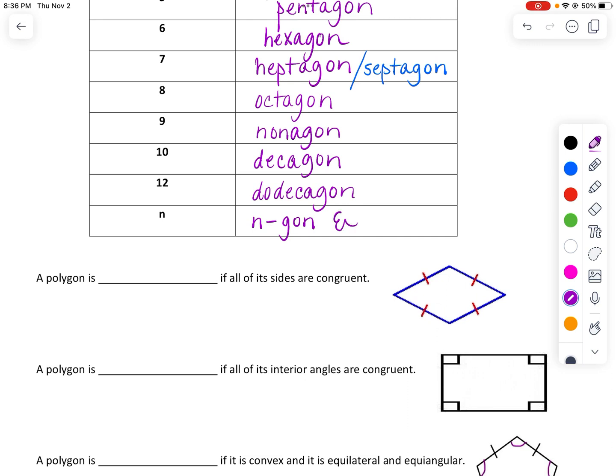So if you were talking about a 15-sided shape, you'd call it a 15-gon. If you were talking about a 24-sided shape, you'd call it a 24-gon, and so on. So if I ever use that kind of wording, you know that number is how many sides it has. A 24-gon would have 24 straight, non-intersecting sides.